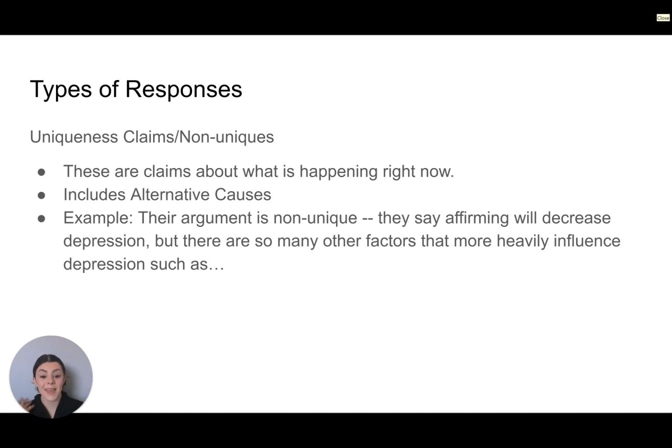If your opponent is saying X will decrease depression, all you have to say is that's one of the 100 factors, and it's one of the most minuscule factors. So it's not really unique compared to the other factors that more heavily influence it. And if you can prove a more heavily influence, then you also outweigh as well.